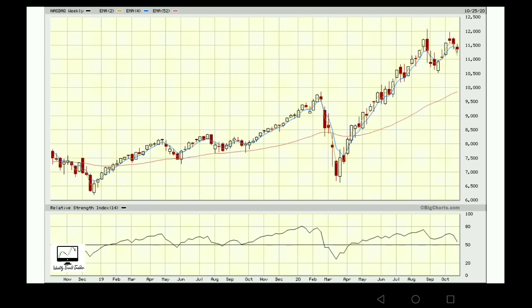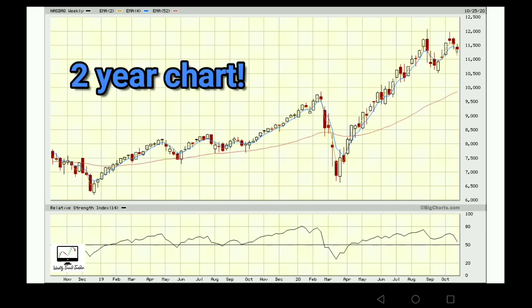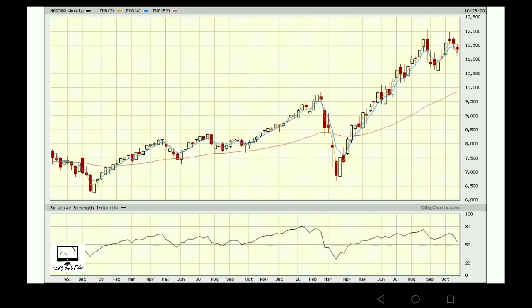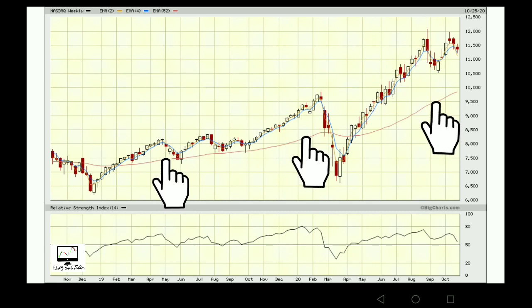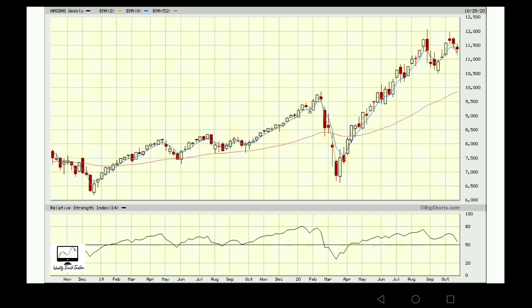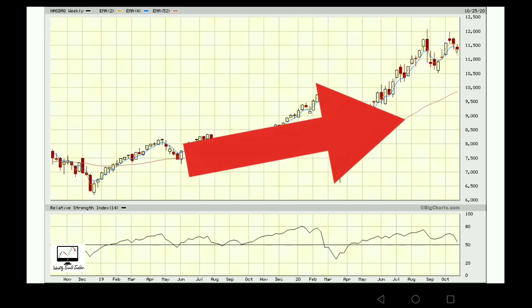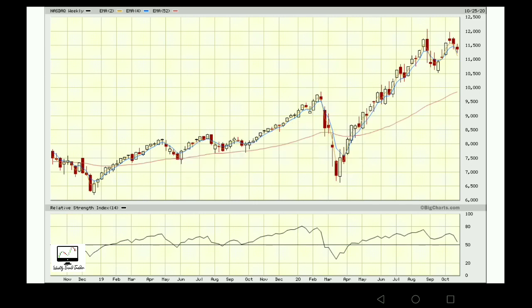Well, in front of us we have a Nasdaq, and the first thing we need is the setup. So we've got a 2-year chart here in front of us. The next thing we need to see is a rising 52-week moving average. As we can see here, from 2019 up to 2020, we can see that rising 52-week moving average.